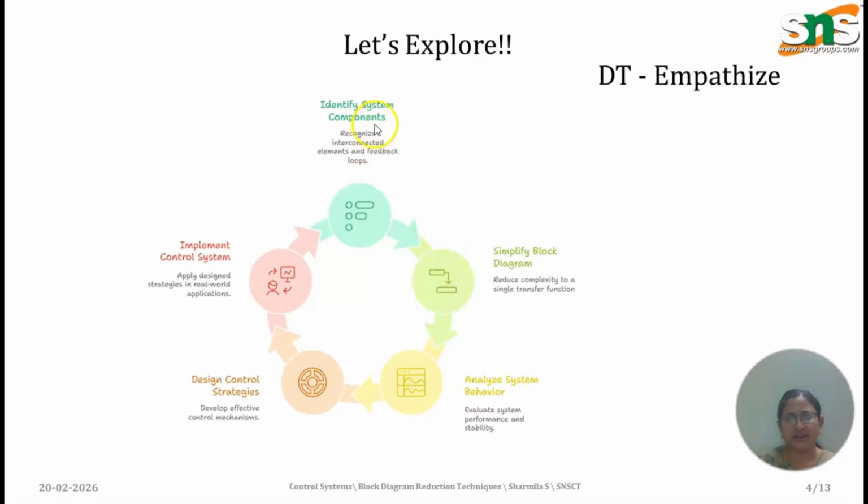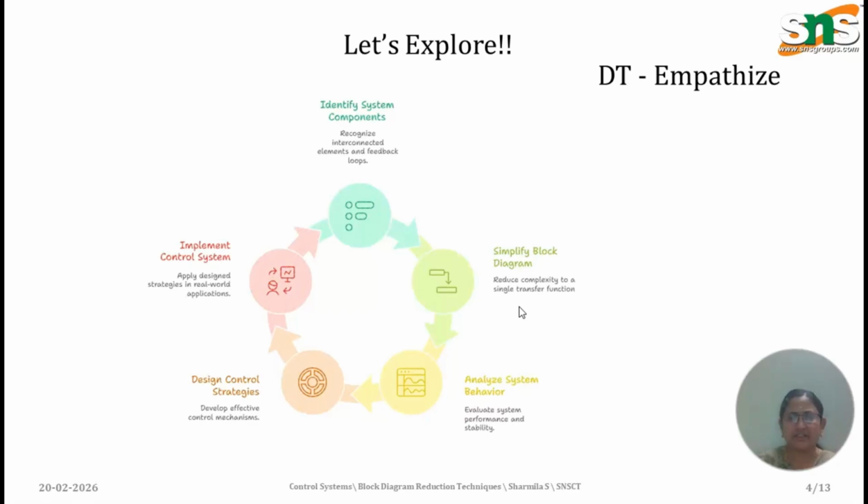First, we should identify system components: what components are available in the system, the interconnected elements and the number of feedback loops. The next part is to simplify the block diagram using block diagram reduction rules, reducing the complexity to a single transfer function.